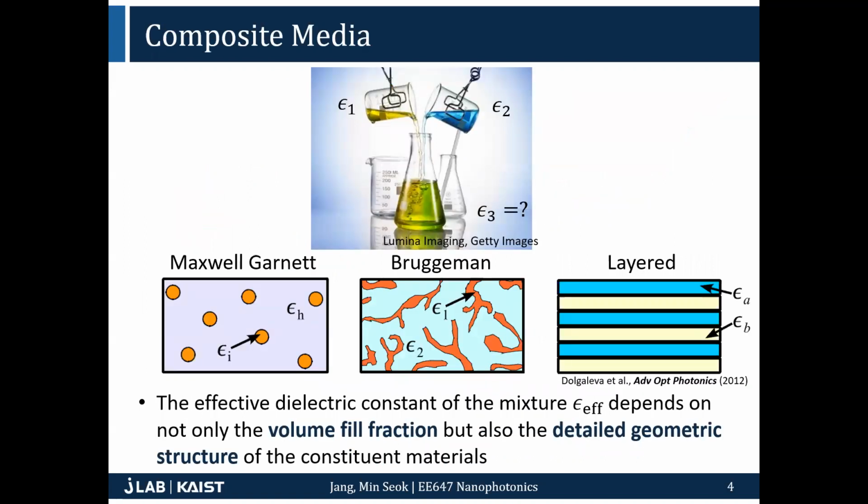So how do we do that? Before we talk about details, we first want to talk about mixing two materials, okay? Let's think about this case. If we mix two materials, one having permittivity epsilon 1, the other having permittivity epsilon 2, what would be the permittivity of the mixed material?